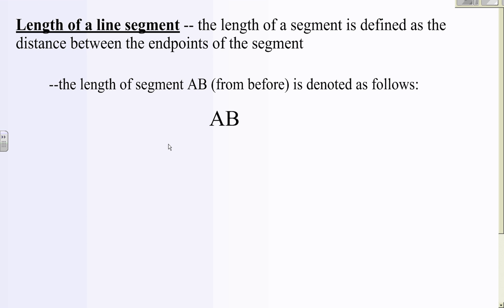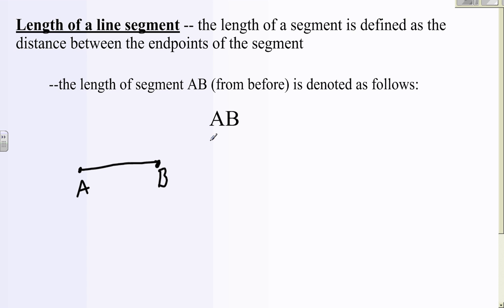The length of a line segment is defined as the distance between the endpoints of the segment. What that means is if I have a line segment like AB from the previous example, the length of segment AB is denoted like this. Notice there's nothing up top.